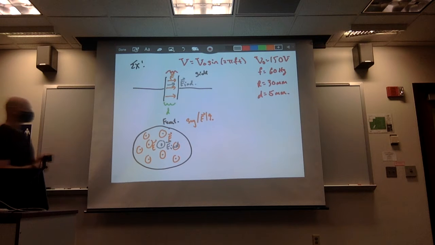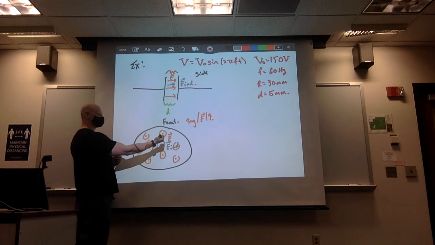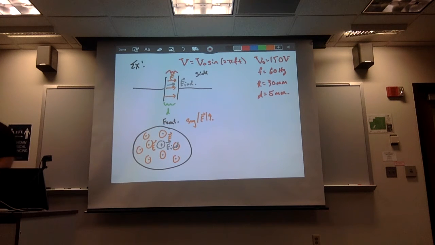Then modified right-hand rule number 3 says that if I put my thumb in the direction of the induced electric field, I can curl around in the direction of the magnetic field, which means my magnetic field is going to curl around in this direction. So we're going to choose our Ampere loop to be exactly the same orientation as our magnetic field. So this is my dl, at some radius of r.